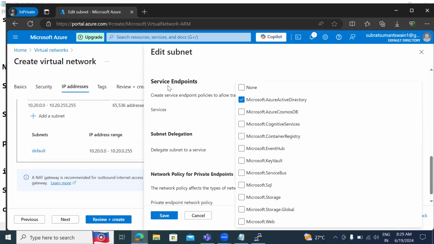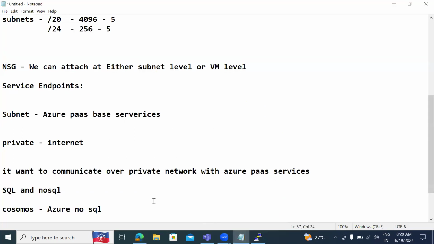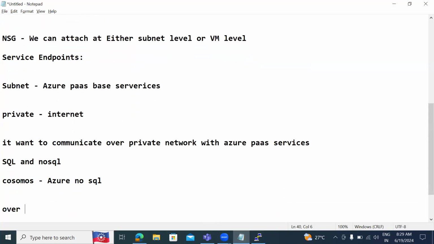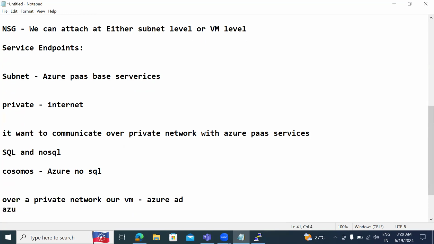So why we are going to use the service endpoint is to reach these services from a private network. Maybe suppose in your private network you have a VM, and the VM wants to communicate with Azure AD or Azure SQL or Azure Cosmos DB or Azure storage.